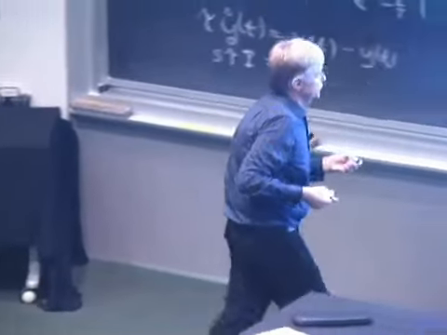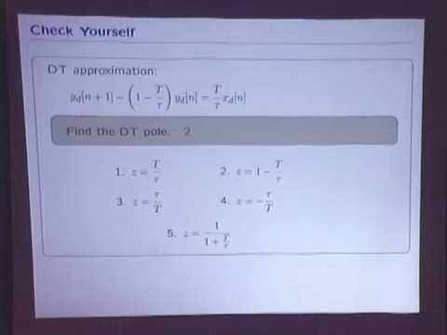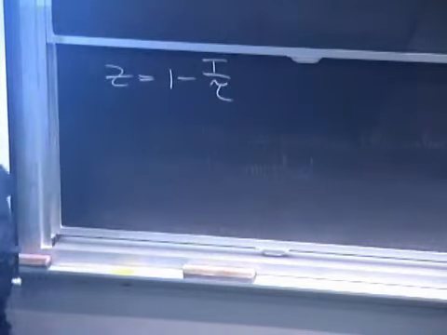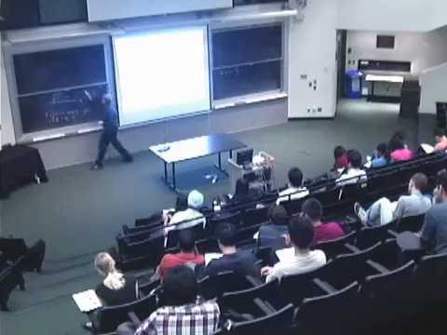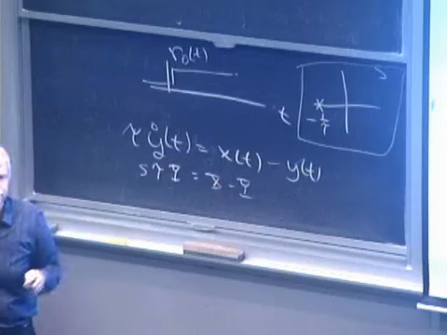So the pole for the DT system depends on both T and tau. It's given formally by this relationship: z, the equivalent pole in the DT system, is 1 minus T over tau. The pole in the CT system was minus 1 over tau. The pole in the DT system moved.